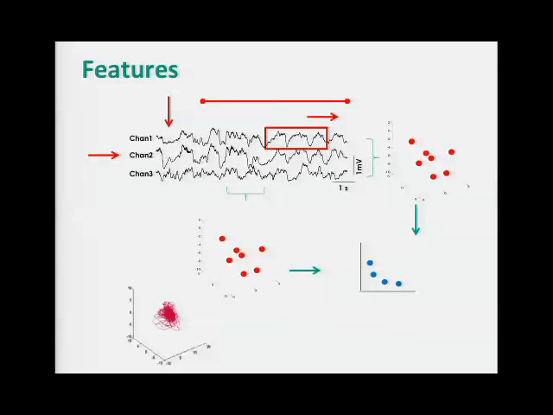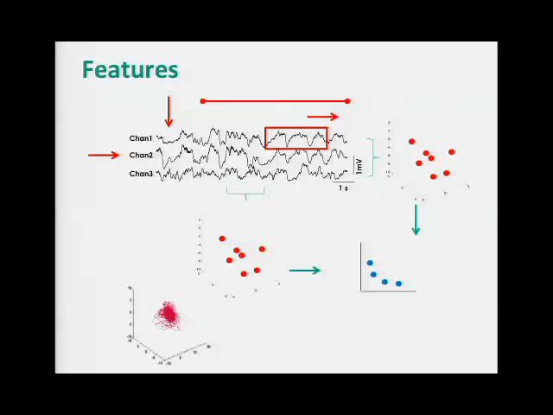And then we can extract, so here we start talking about the feature types. We can extract features from one channel, single channels, what we call univariate features. They are transformations of the raw data.